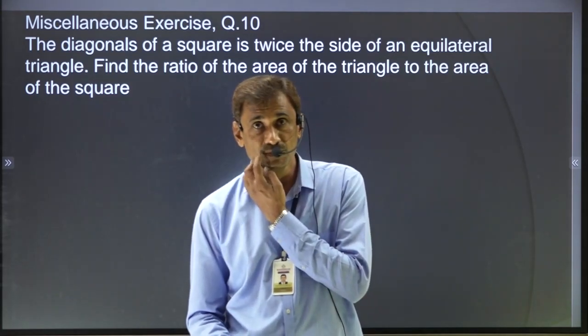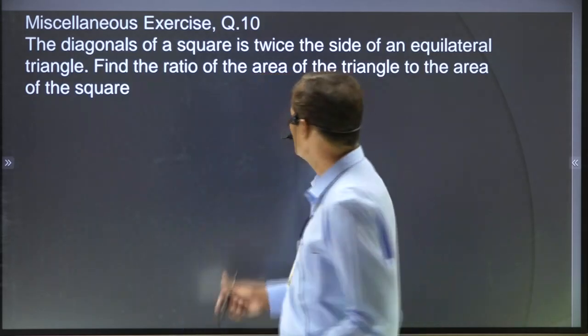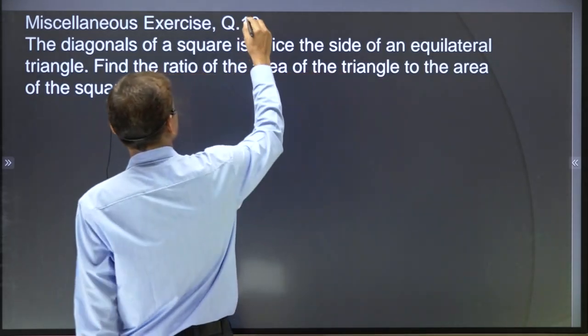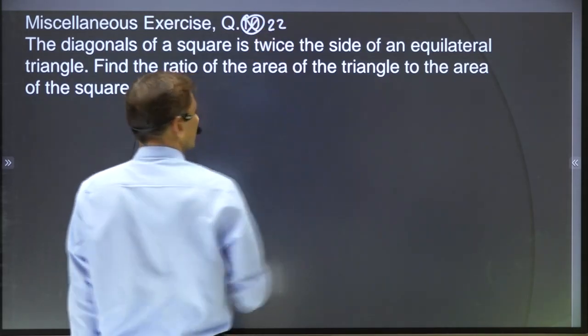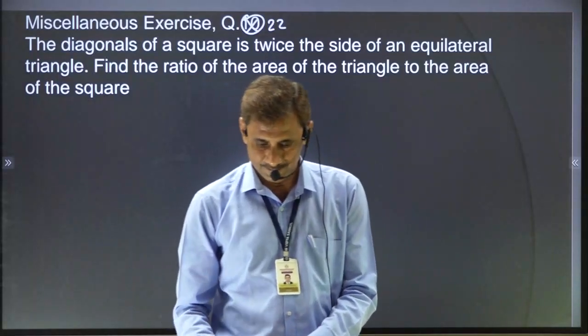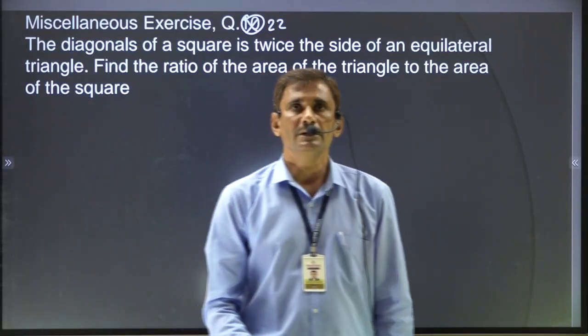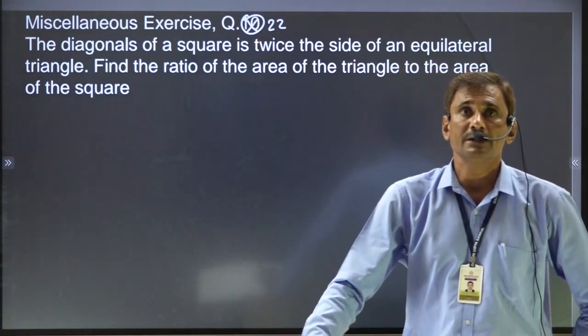Sorry, it is question number 22. Okay, so correct here. Page number 768. The diagonal of a square is twice the side of an equilateral triangle.